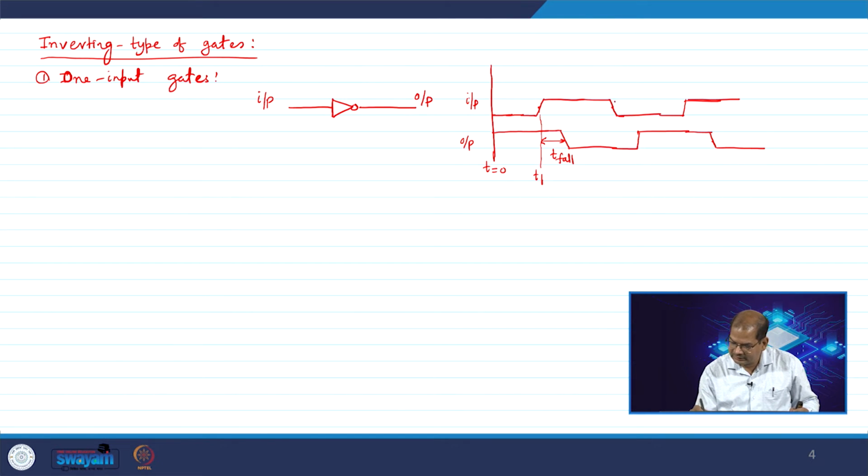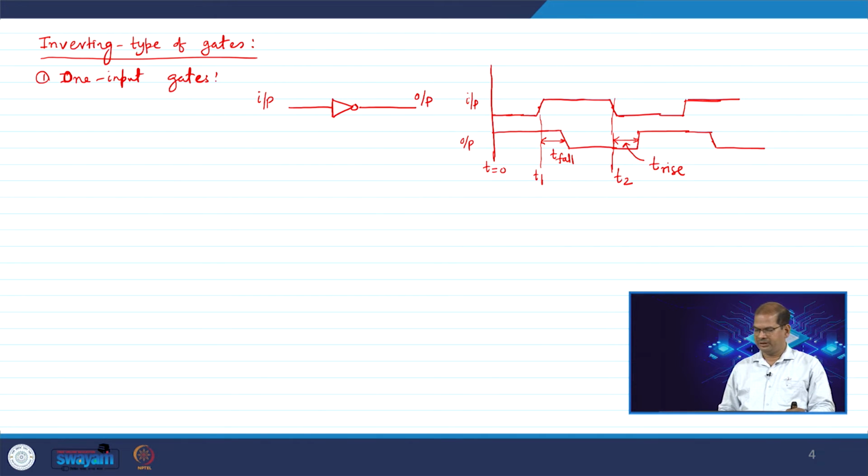Similarly, let us say this is time T2. So, T2 is your input fall arrival time. And what is the delay from 50% to this point? This one is your T rise. If I have this much information, then I want to find the output arrival time.